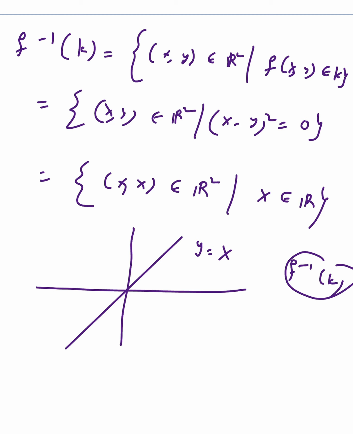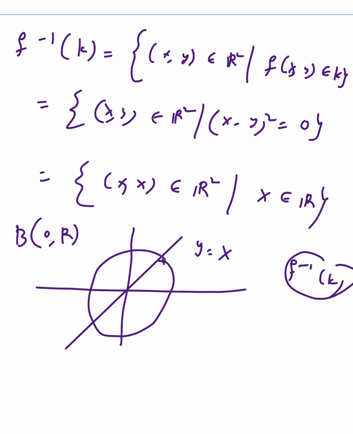Because there doesn't exist any ball of any radius r which contains this entire set y equal to x. You take this ball and still you have some parts of this line which are outside this circle, right?